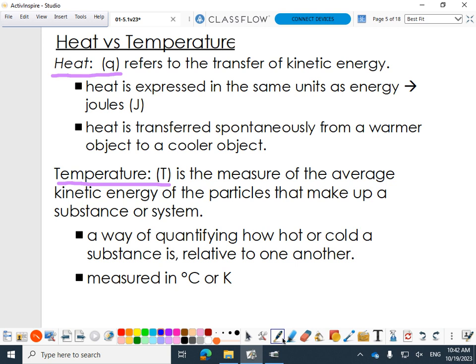If you are an external video watcher and your video happens to be American, then they might talk about calories and kilocalories. It's the same thing, just when you have the metric system, it's easily converted between values.